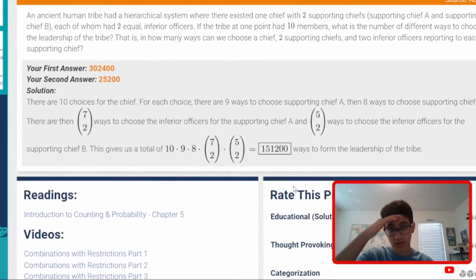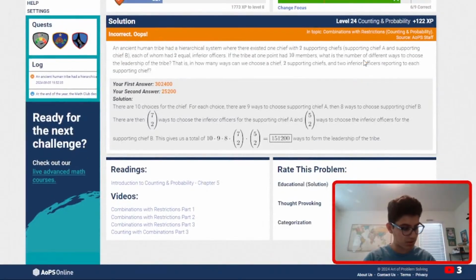Though. Okay, so I was twice as much the first time. It is 10 times 9 times 8. Oh yeah, I don't know why I multiplied by 2. You can just pick the 7 choose 2 for Chief A and then do it for Chief B. So you don't need to multiply by 2 at the end.